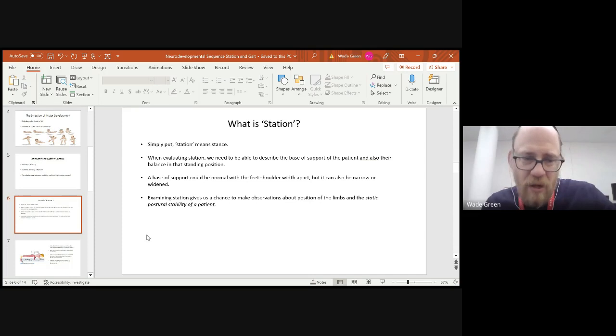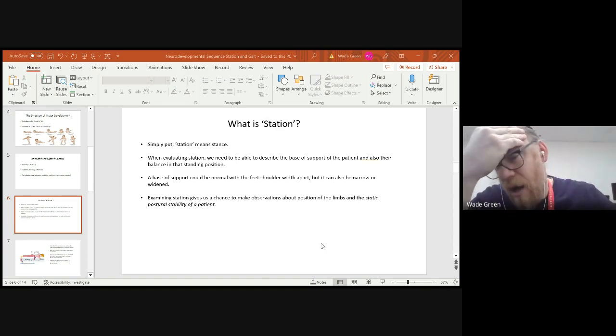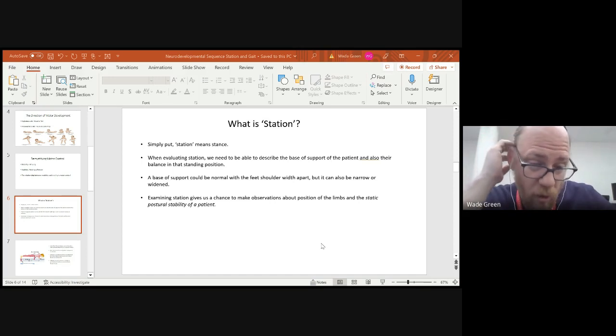Okay, station. We talked about this the first day, and we know that station is stance. When we look at station, we need to assess base of support, and we describe that as either wide or narrow.